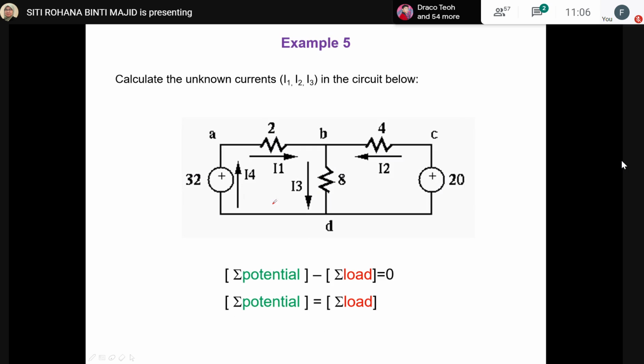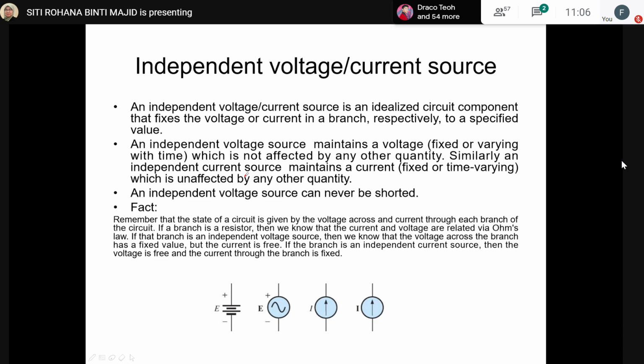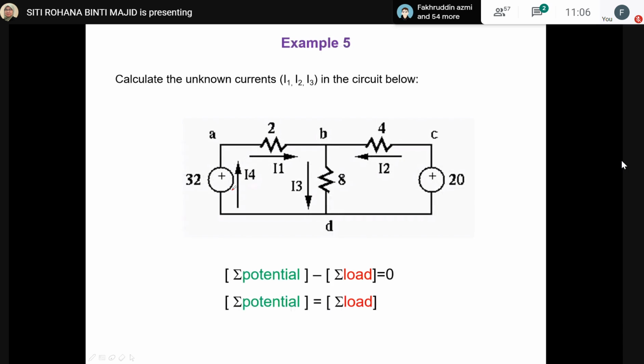Okay, so here is an independent voltage example. You want to calculate current I1, I2, and I3 as shown in this circuit. You can use the same concept of two-loop equations, where total potential equals the total load.